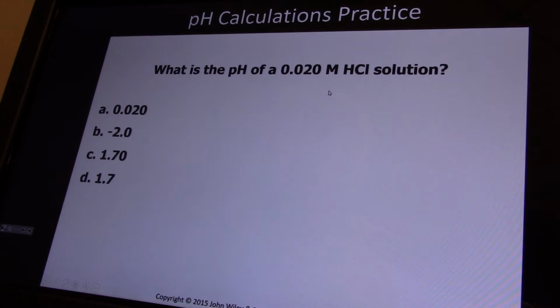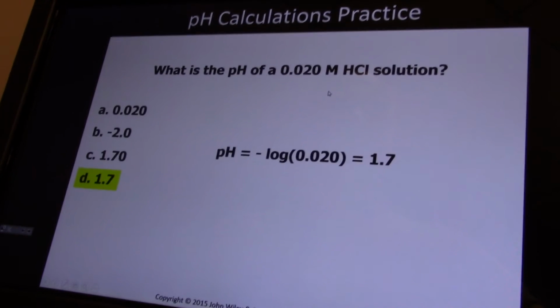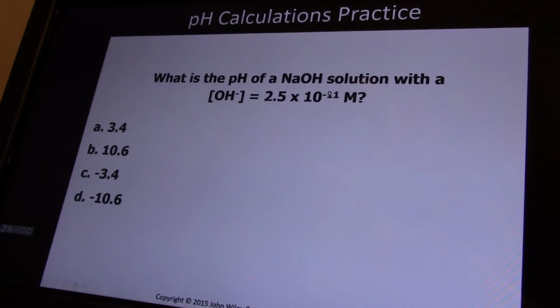What is the pH of a 0.020 molar hydrochloric acid solution? Again, that'll dissociate into H+ and Cl-, but it's 1 to 1. So in solution, this would be 0.02 M H+. We take the negative logarithm of 0.02, and we get 1.7 for the pH, which is pretty acidic, more acidic than pure lemon juice.